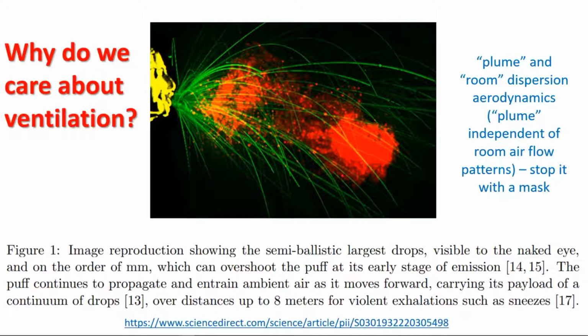But there's also the red cloud, the puff of aerosols that comes out, and they come out together. There's been some denial that the red cloud exists, but it does exist, and it's not heavy enough to fall to the ground right away, and it gets picked up by the air currents in the room and spread around. And so ventilating will keep the concentration of that red cloud diluted.